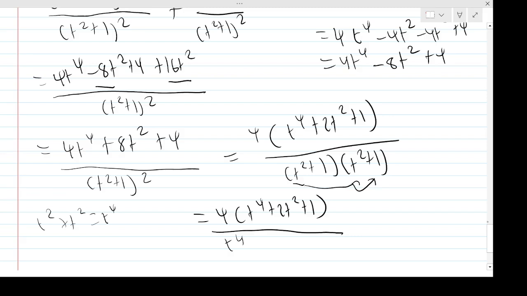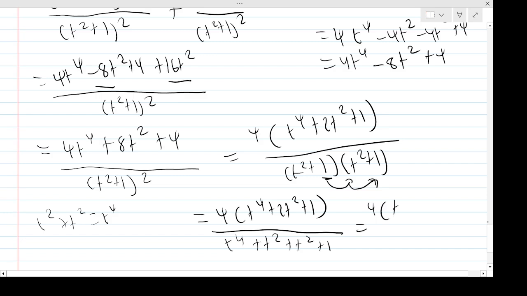Then t squared times 1 is just t squared. And then the 1 is times by everything in the other bracket: 1 times t squared is just t squared, and 1 times 1 is 1.